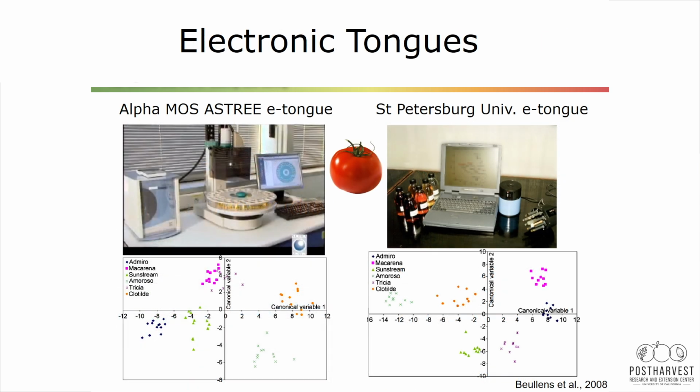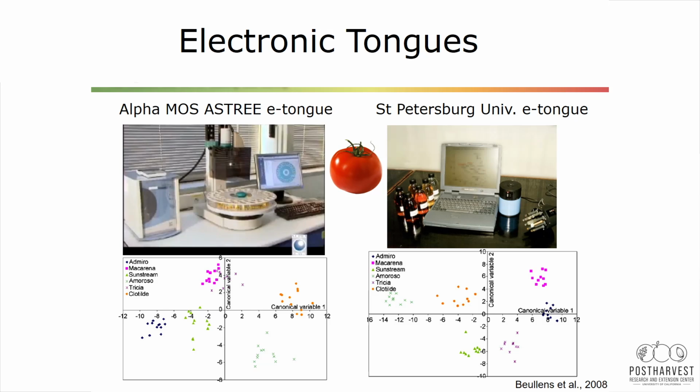Okay, so there are electronic tongues out there that work a little bit like our sense of taste, developed by various companies around the world. So Alpha MOS is a French-based company. This is an electronic tongue from Russia.